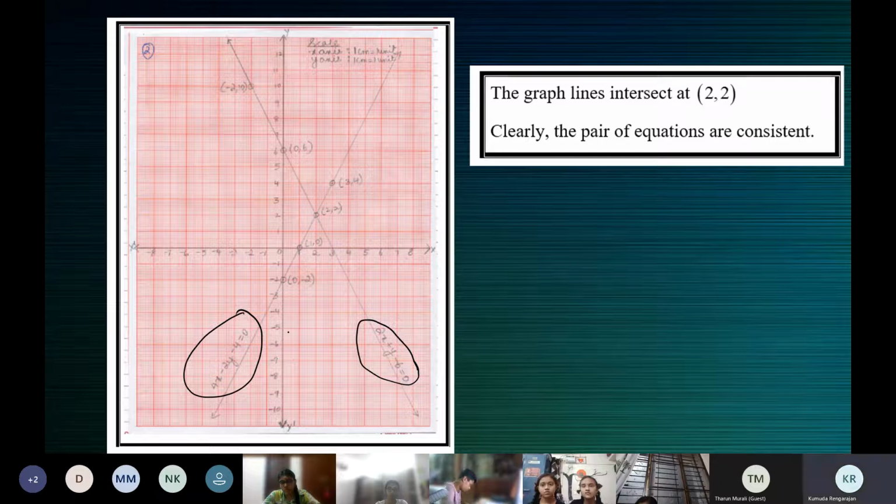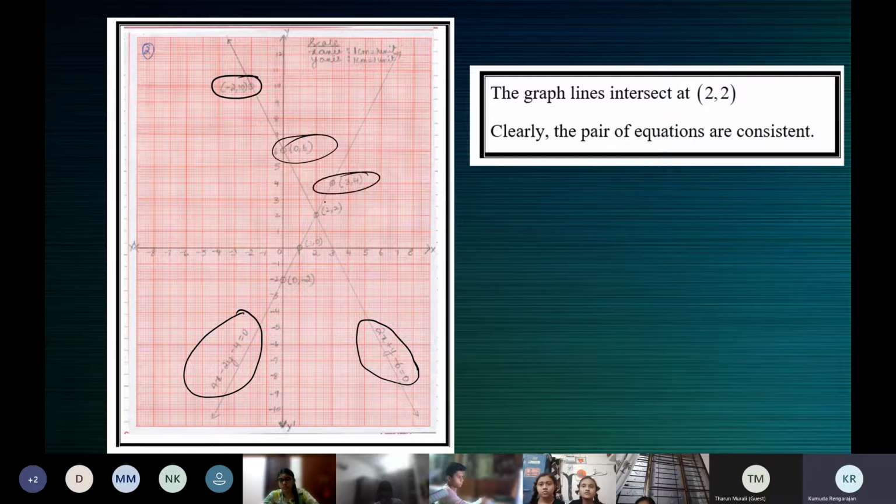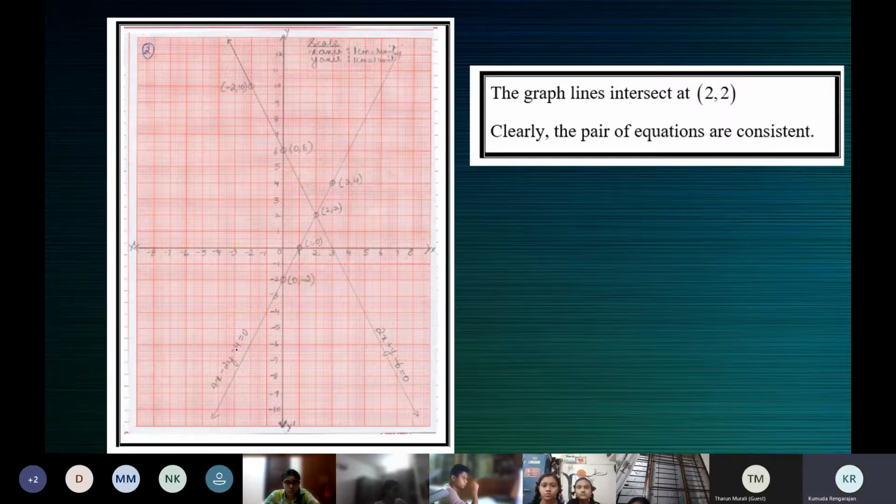On the lines, you must write their equations. You should mention the address of the points you have plotted everywhere. Then on the line, you must write the respective equation, anywhere on the line. You can write it here and here.